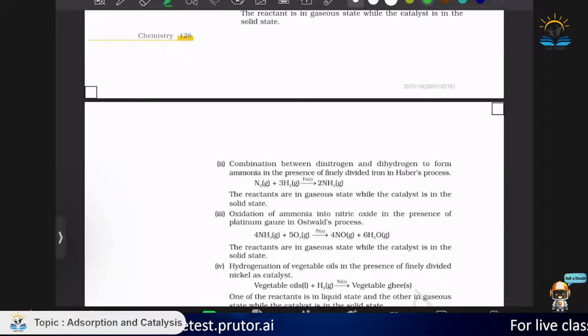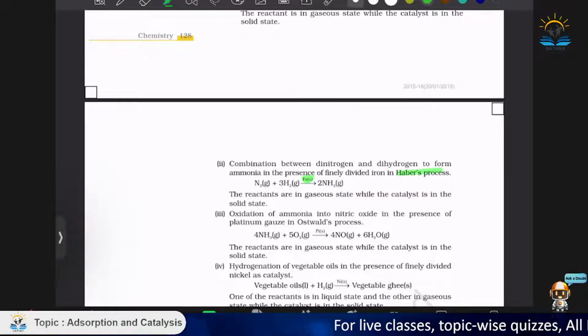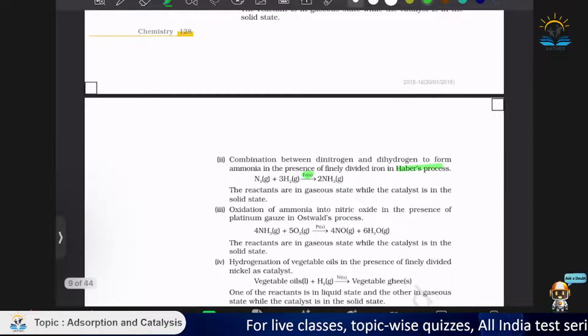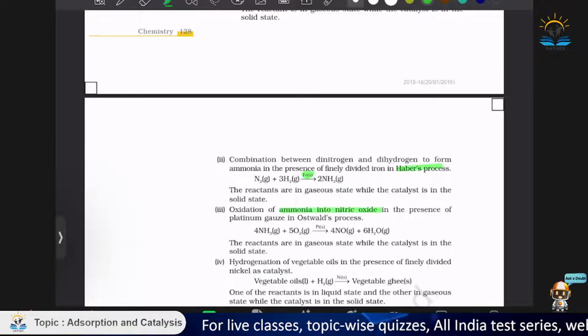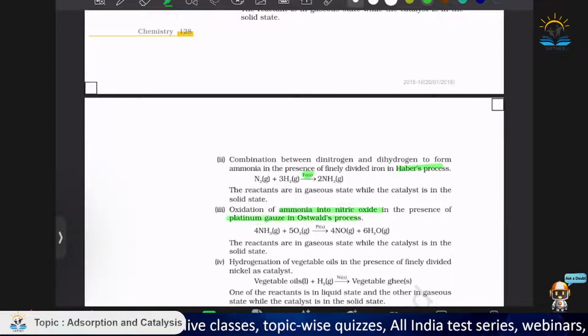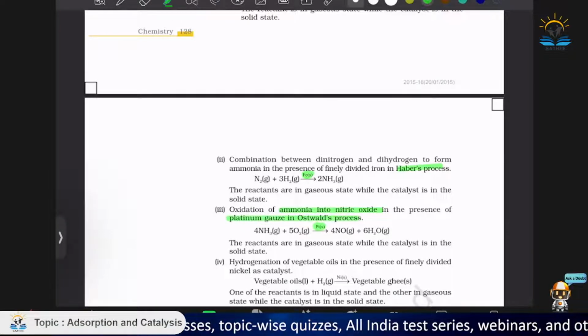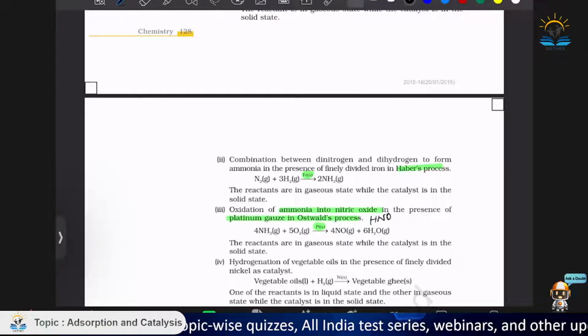Next is again Haber's process. All of them are gases except iron, which is a solid. One more example is oxidation of ammonia into nitric oxide in the presence of platinum gauze in Ostwald's process. This is used in manufacture of HNO3.